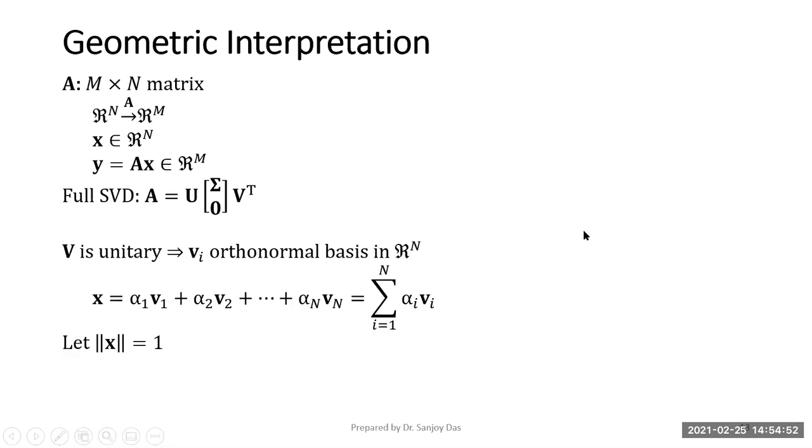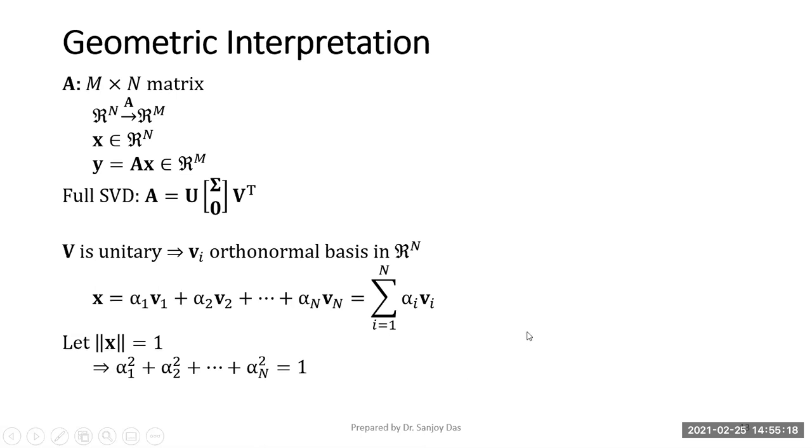Now, suppose we make x a unit vector, L2 norm. What can we say about the alphas? Alpha 1 squared plus alpha 2 squared until alpha n squared would be equal to 1, because this would be equal to the square of this L2 norm.